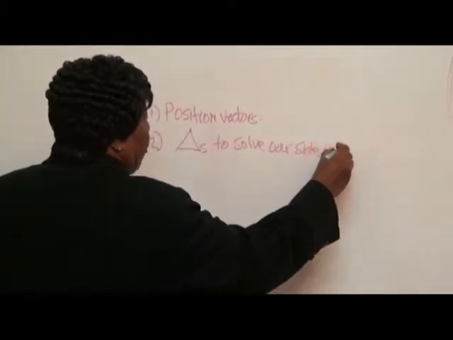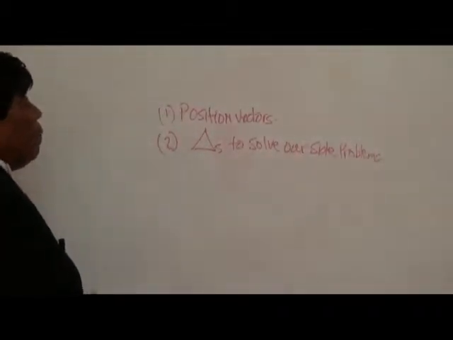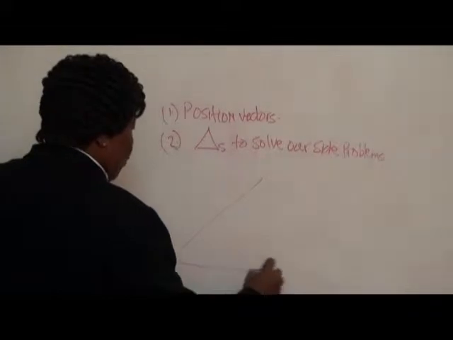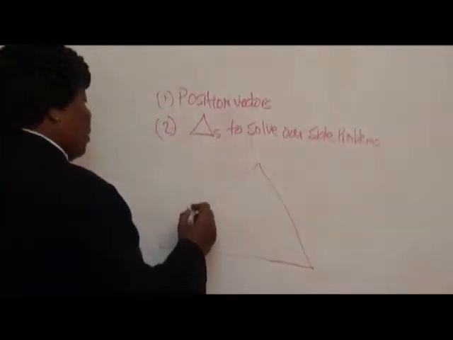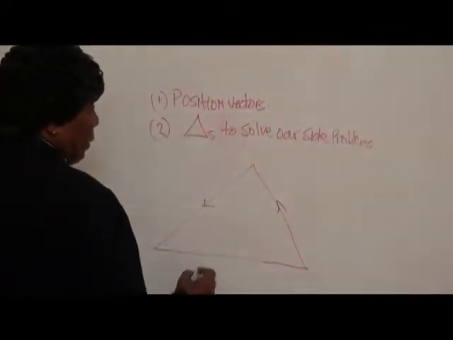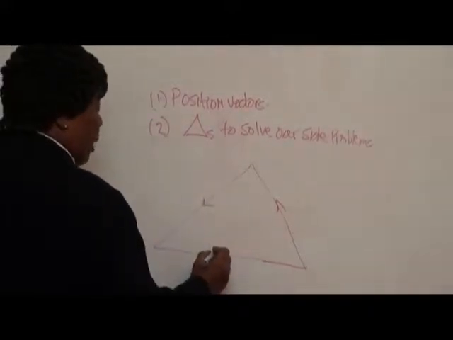Now when we're using triangles in terms of our vectors, we are looking at three things. What did we say we are looking to find? Side and resultant. Okay, so here we go.